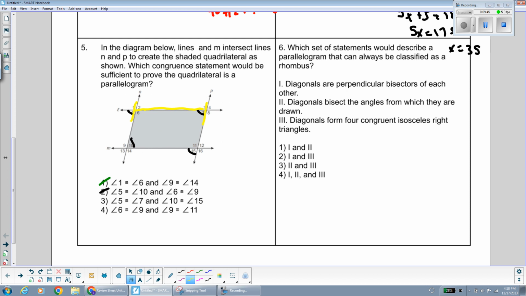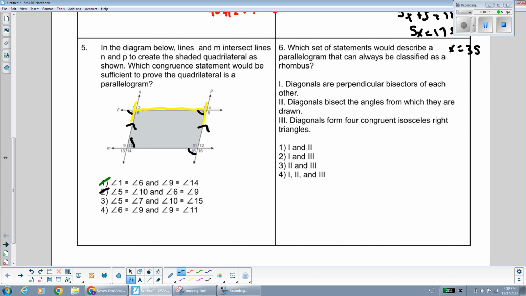And if corresponding angles are congruent, the lines forming them are in fact parallel to each other. So this would prove that the lines forming those corresponding angles, N and P, are parallel to each other. So I'm going to put that over here on the actual parallelogram. And N and P, those lines are parallel to each other.